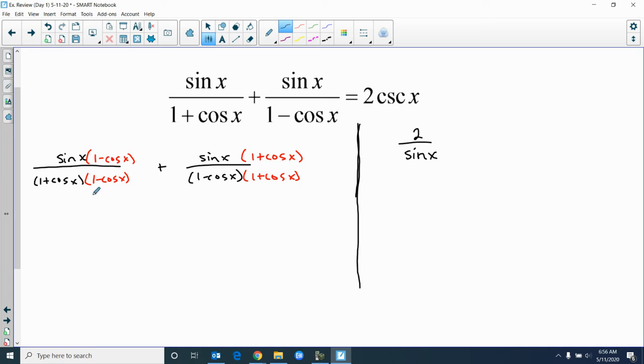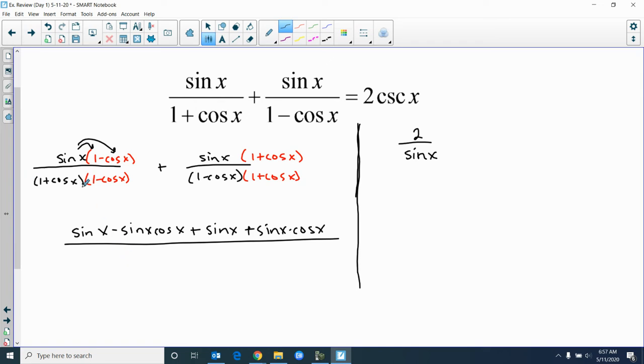I think in this instance, in the numerator, we are going to distribute. And so I get sine of x minus sine of x cosine of x. Okay, I got a plus here. Distribute sine of x and then plus sine of x times cosine of x.